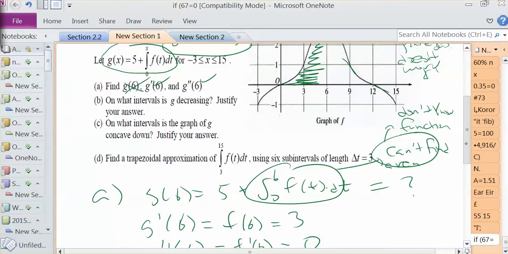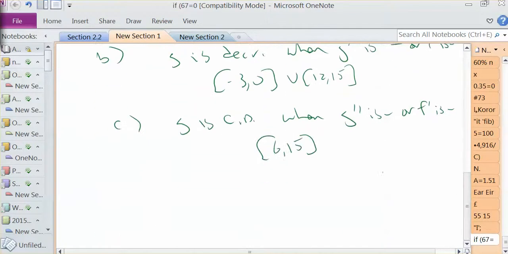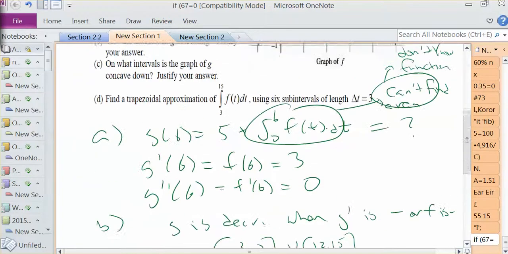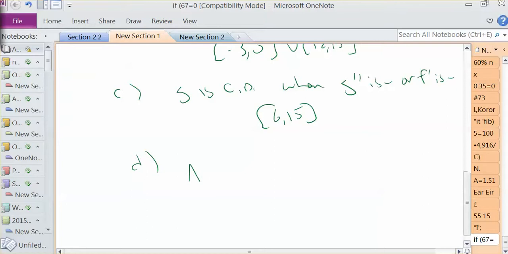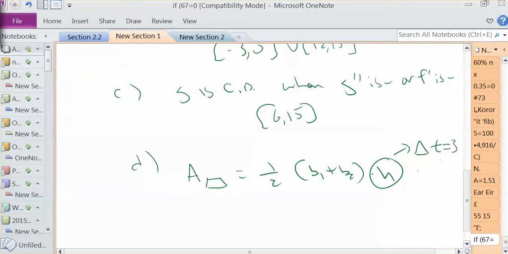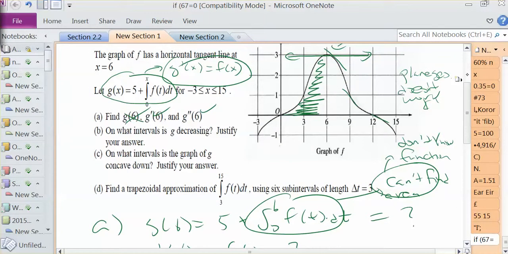Then lastly, find a trapezoid approximation from 3 to 15 using 6 subintervals. Well, I think they have to be equal, with delta t equals 3. So remember, area of a trapezoid is 1/2 times b1 plus b2 times the height, right? So the height here is going to be our delta t, which is 3.